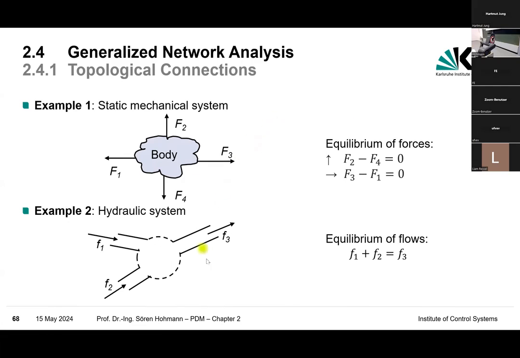Now let's have a look at the hydraulic system. My garden watering system: everything which goes in goes out if you don't have holes somewhere in the pipes. So the sum of flows is equal. Again, F1 plus F2 minus F3 is equal to 0. Again, Kirchhoff's law, something you know.